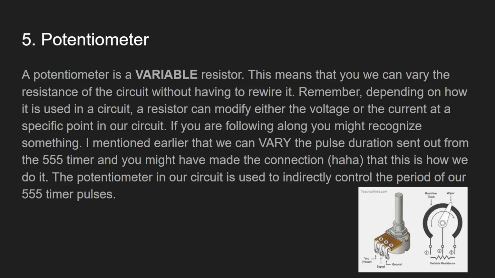Okay? So we can affect these pulse durations using the potentiometer. The potentiometer allows the capacitor to charge quicker or slower depending on the resistance that we provide it. So if we create more resistance, the capacitor will charge slower, which means the timer has to tell it, hey man, calm down, far less often, meaning your motor is going faster.